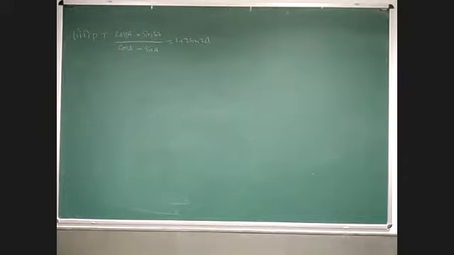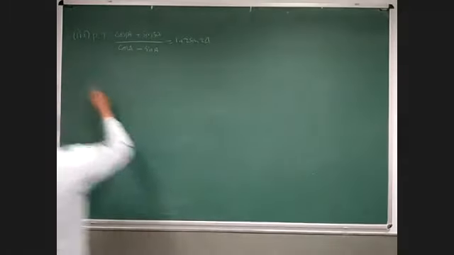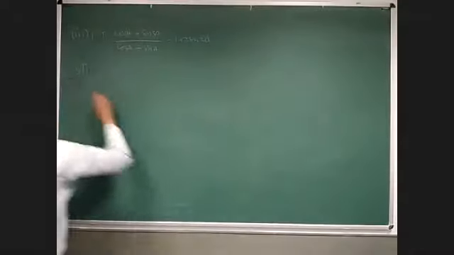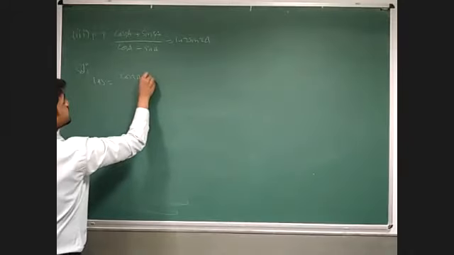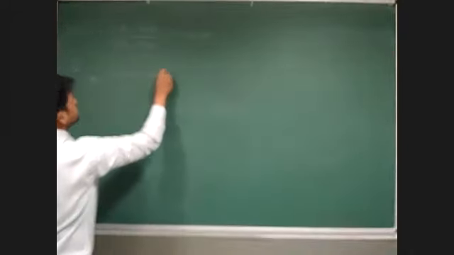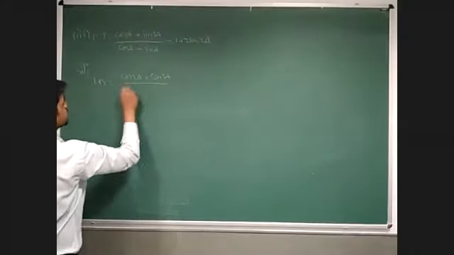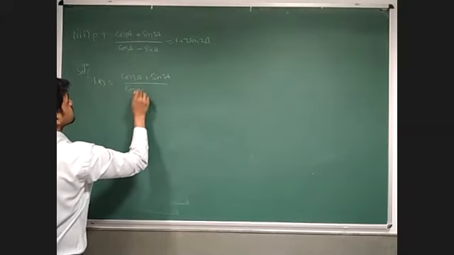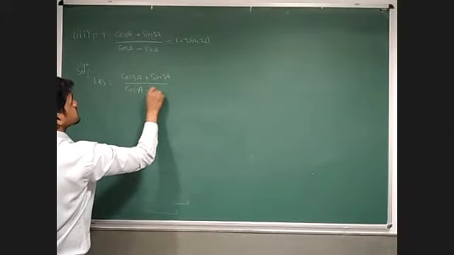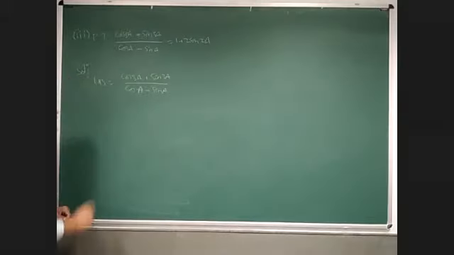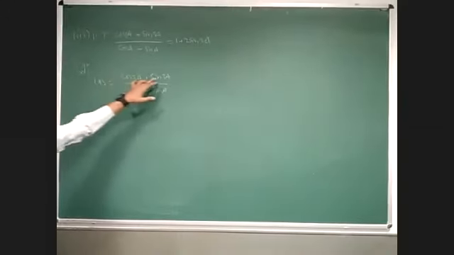Okay, so just see the solution here. I am going to take the left hand side. Left hand side is nothing but (cos 3a + sin 3a)/(cos a - sin a). I know the formulas of cos 3a and sin 3a.